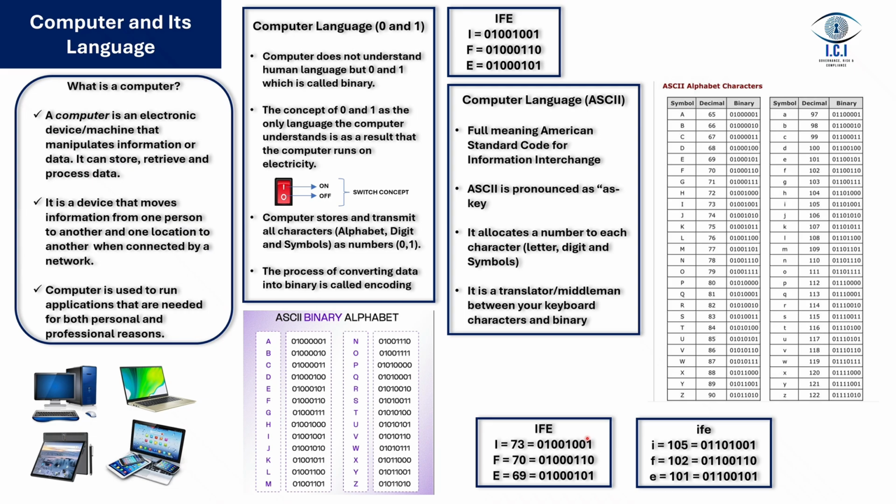First, go on the net, search for an ASCII table, and download the table. Then from there, you write your name. For each letter, write the ASCII number, and for each ASCII number, convert it to a binary number. In the table, you will see both the ASCII and binary numbers.